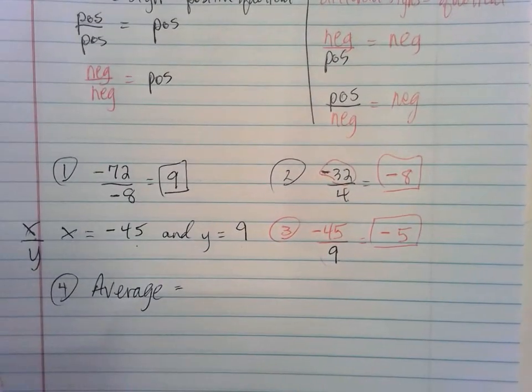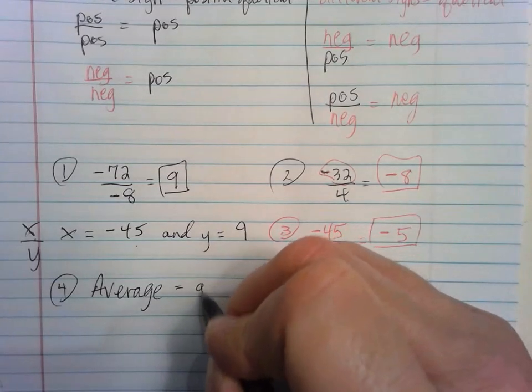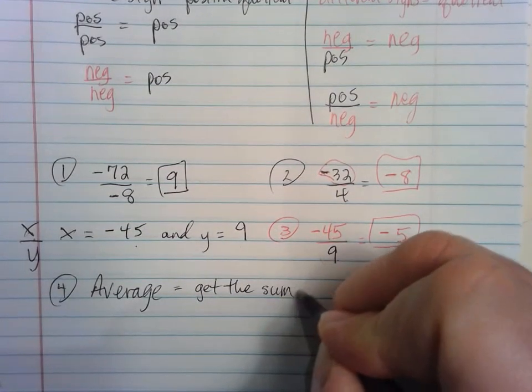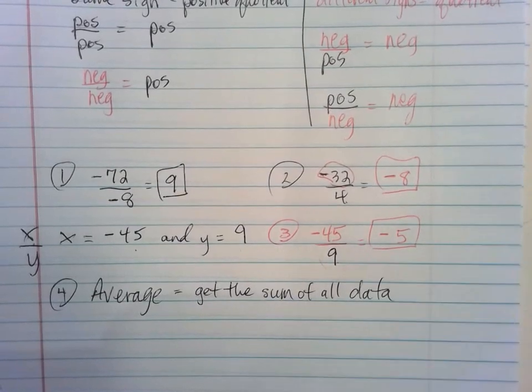Alright, so average in this case, of course, means you're going to add up all the numbers and divide by how many there are. So when you add up all the numbers, we're just going to say get the sum of all data. Okay, and you know sum is the add word. It means add, or the total when you add.